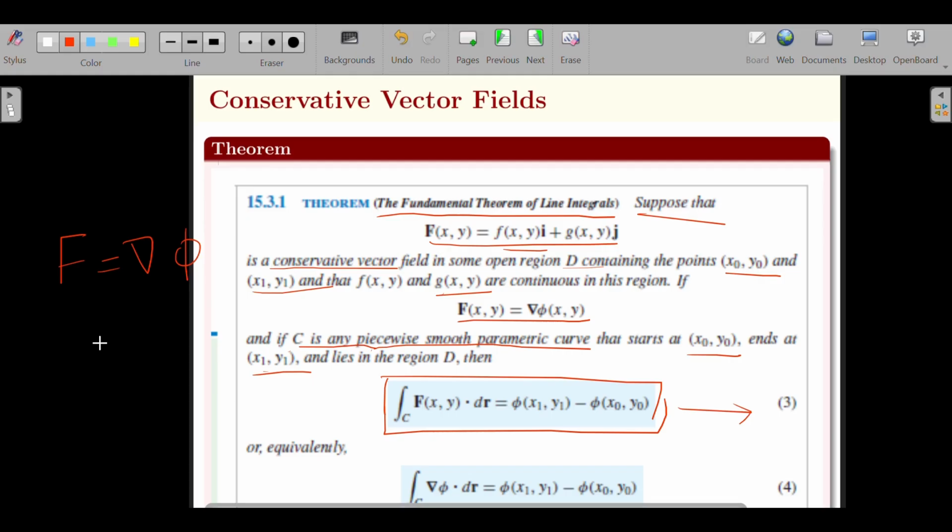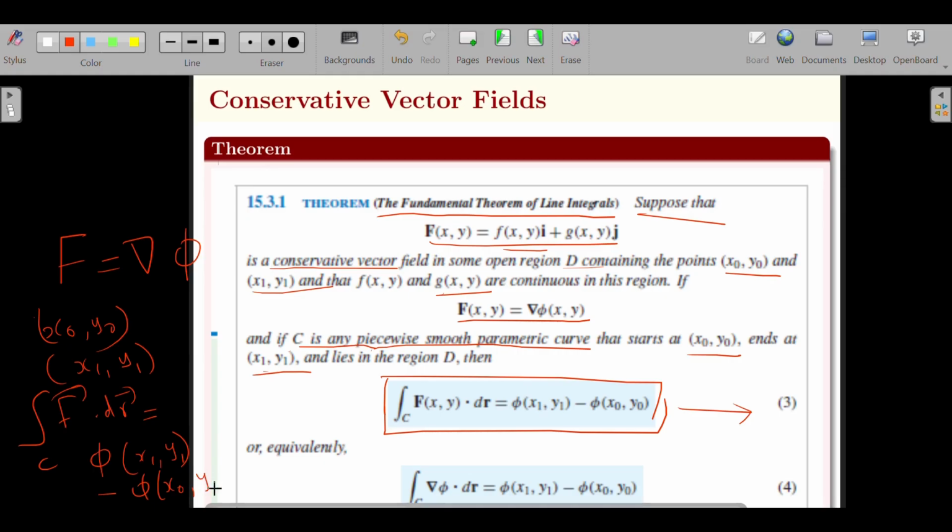Then if you take any two points, say (x0, y0) and (x1, y1), in a region in which this vector field is conservative, you calculate the line integral over C of F dot dr, and this will be equal to the value of the function phi at (x1, y1), minus the value of phi at (x0, y0).